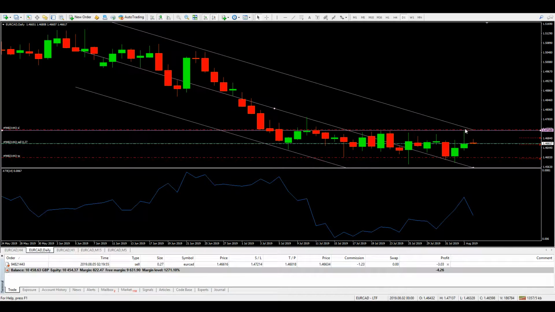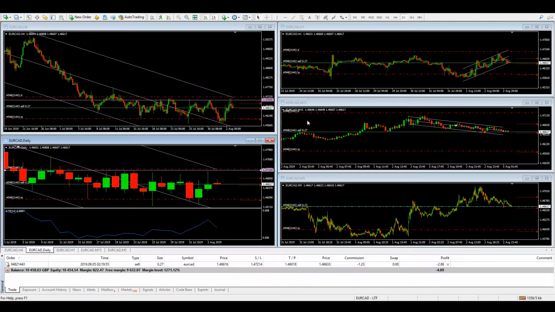Based on knowing that's where I want my stop to be, I then decide I need 1% risk, which is roughly, let's call it, £100 that I'm willing to risk on this trade. That entails figuring out the distance to that stop loss.